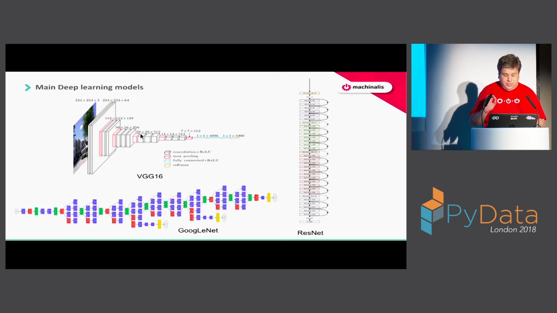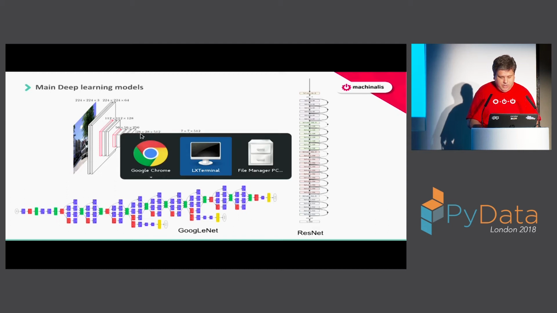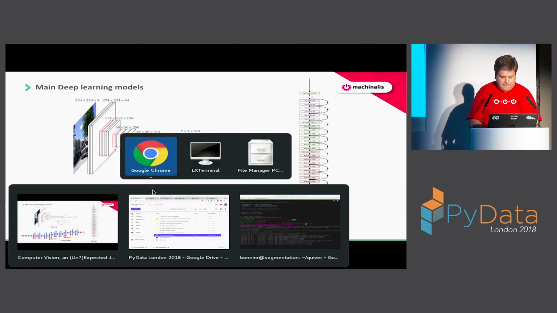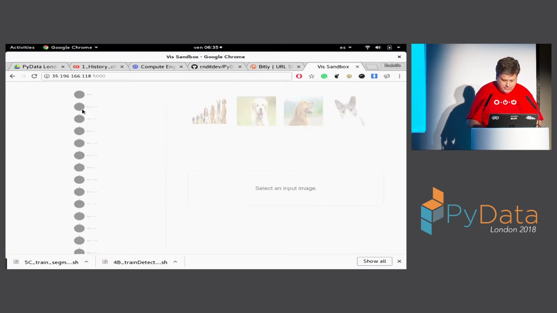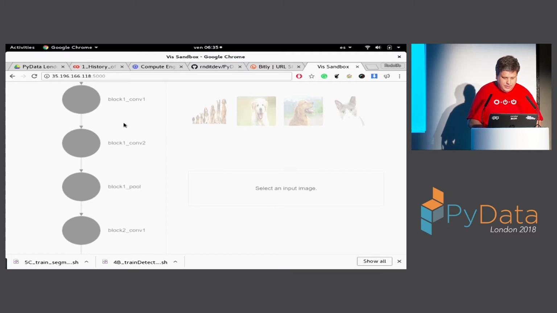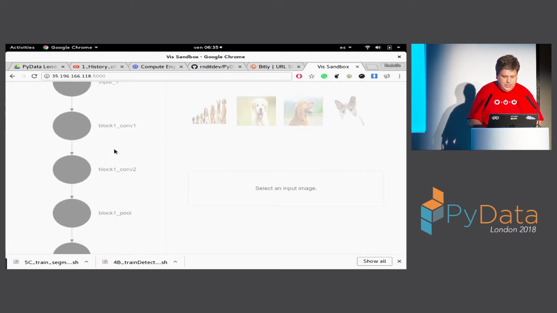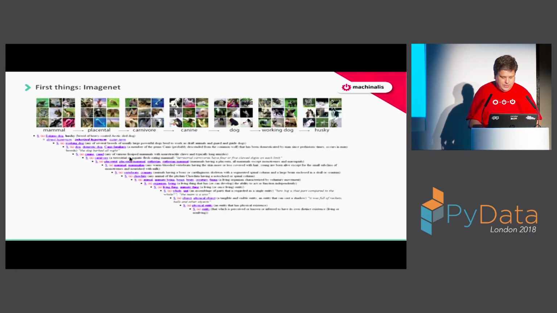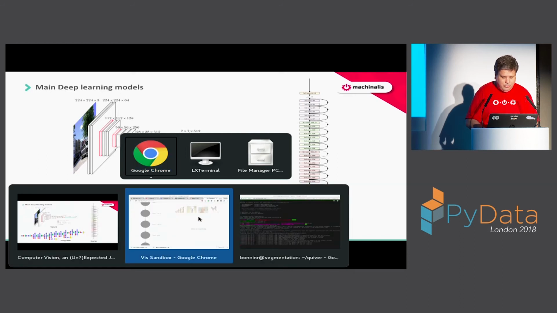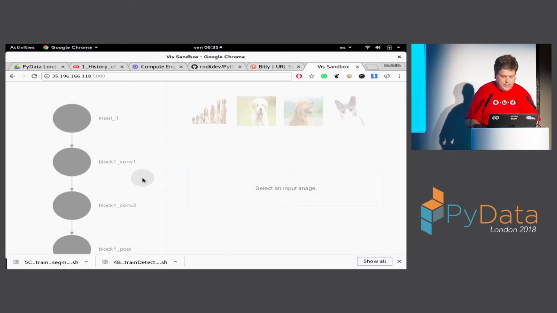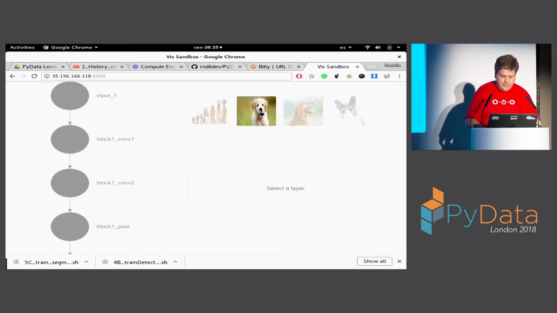What we will be visualizing right now is the VGG architecture. The Quiva tool will load that model. These circles you see here, every layer you saw in the slide is just one circle right there. So let's see what the network sees from every sample. I'll start with a dog, for example.